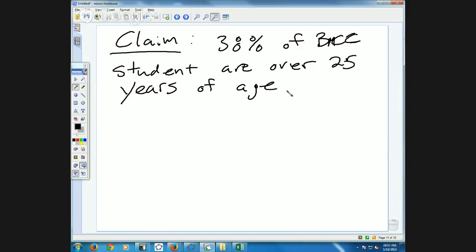I just need to know if you're over 25 years of age. All right, so raise your hand if you are over 25 years old. 1, 2, 3, 4, 5, 6, 7. Is that right? There's 7 of us? Okay. So we have x equals 7 out of n equals 18.